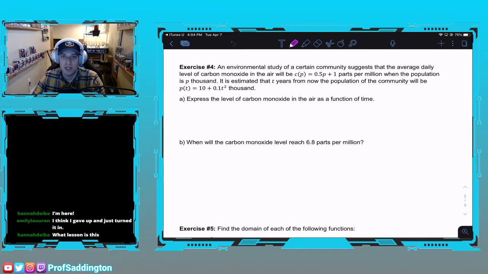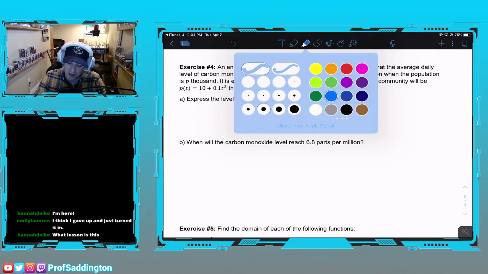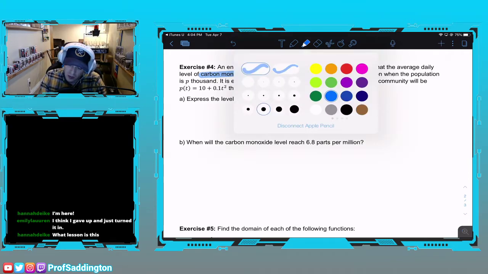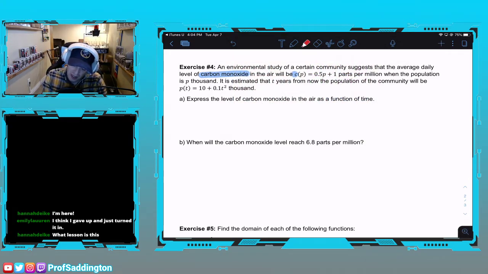So if you're looking at the variables that we have in this problem, we have C, P, and T. We have the little C right here, and that C was just talking about carbon monoxide. We have P, which just stands for the population.